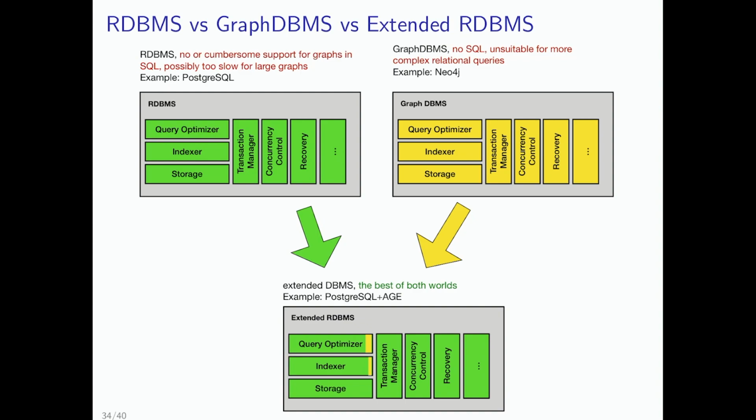That happened, for instance, for PostgreSQL. That's called AGE. And that's one way of what you're seeing. This allows you to run a single system and not have multiple systems for different types of queries.